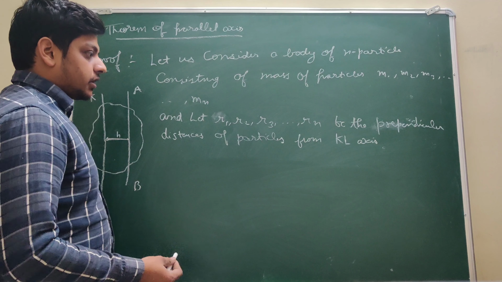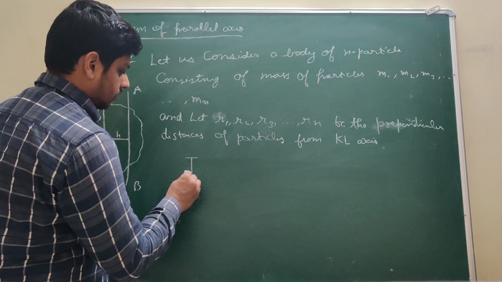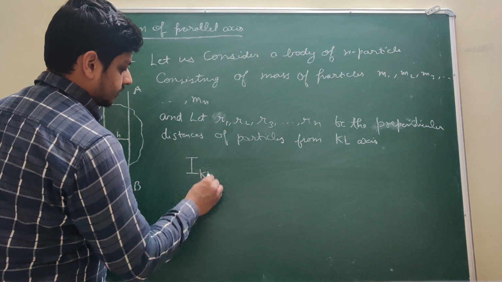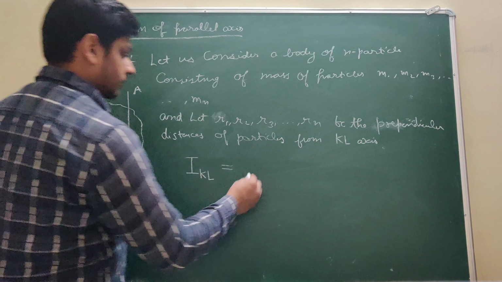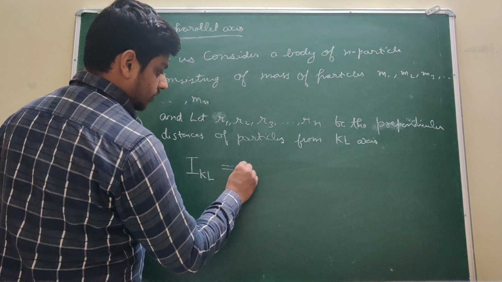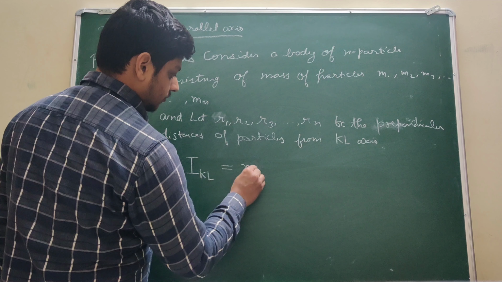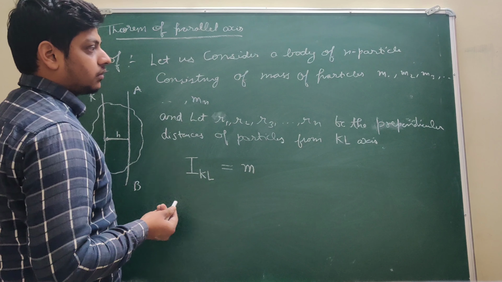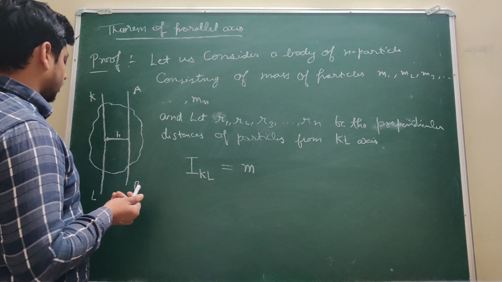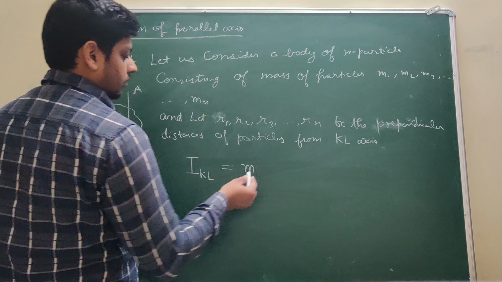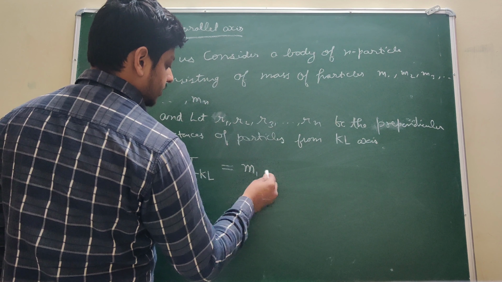So the moment of inertia along the KL axis can be written as the summation of the moment of inertia of all the particles from this axis.